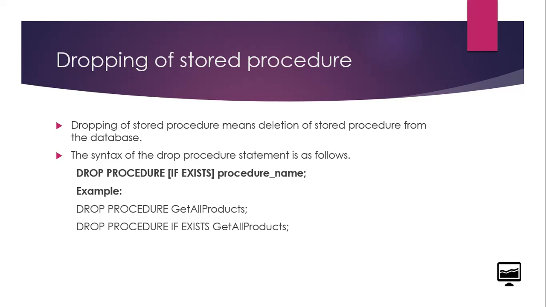Here is the syntax. First you have to write DROP, this is fixed. Then PROCEDURE. Then IF EXISTS, this is optional, and I will explain it with an example. Then you have to write the procedure name. Suppose your procedure name is get all product, then you write DROP PROCEDURE get all product.